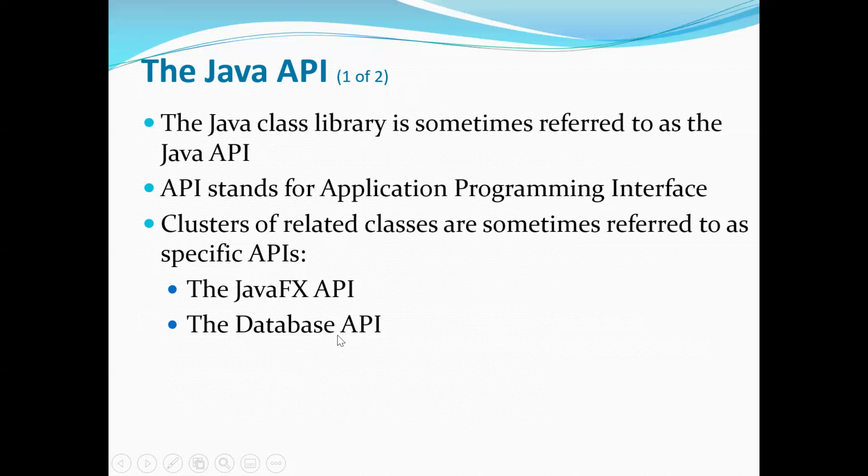Then we also have a database API. This consists of a lot of classes that we can use to manipulate a database system with a Java program. Also the connectivity of a Java program with a database system. The most common one is called Java JDBC.